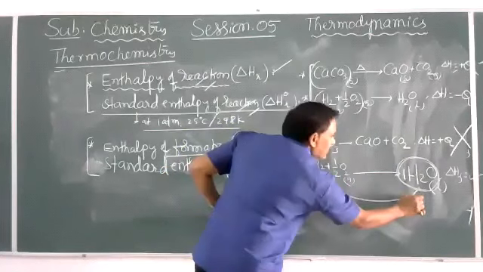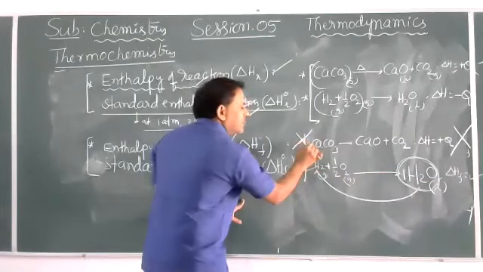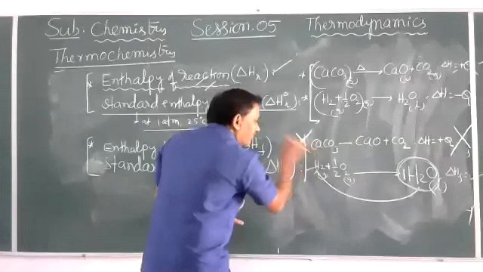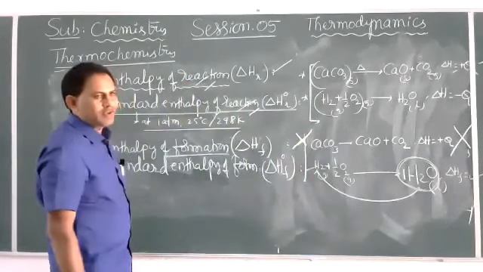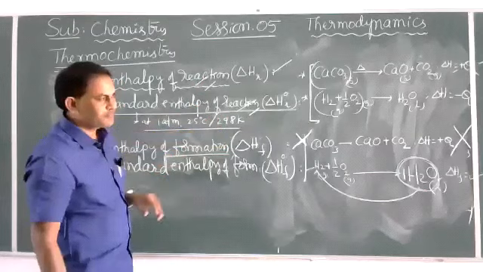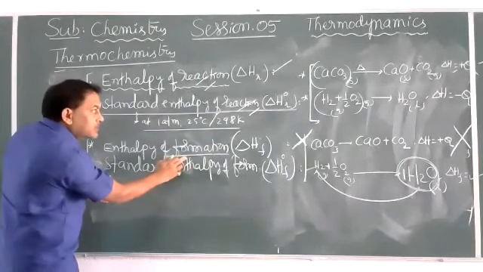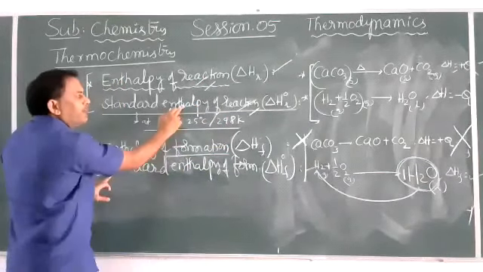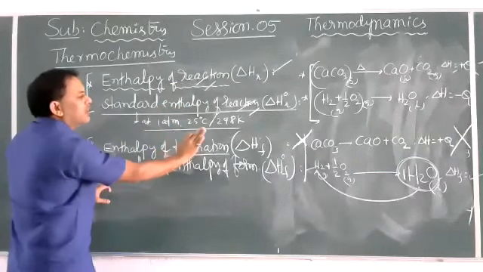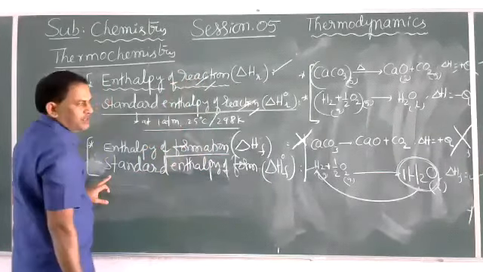That's why it is the example for enthalpy of formation. This is not enthalpy of formation. Clear? Enthalpy of reaction and enthalpy of formation. So the enthalpy of formation is a special case of enthalpy of reaction only. It is one type of reaction present in enthalpy of reaction.